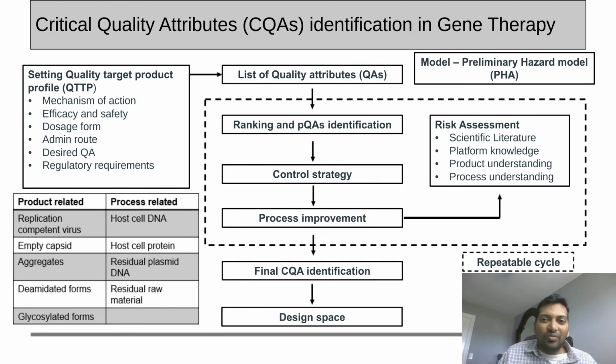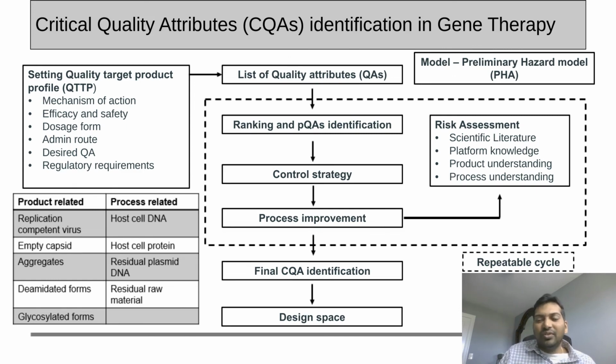The reason we go with this model to identify critical quality attributes is that the preliminary hazard model takes into consideration only the limited knowledge that's available on the product.